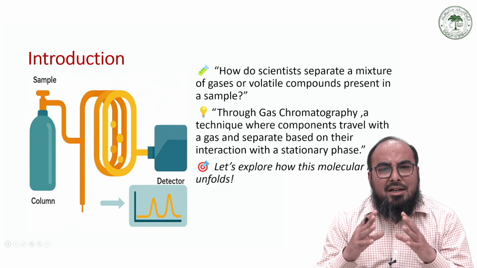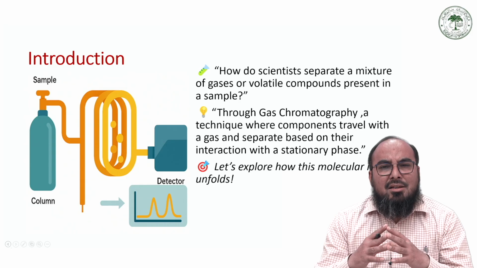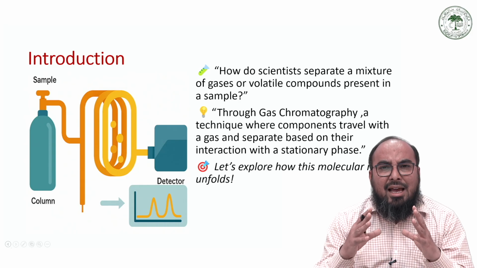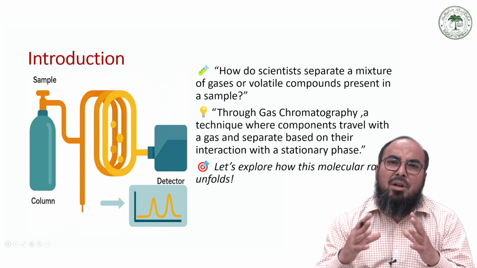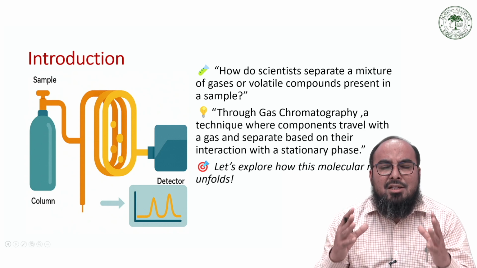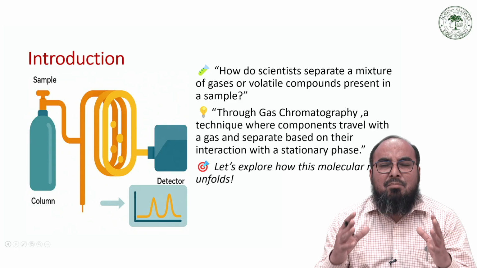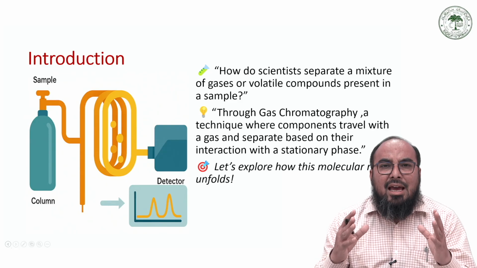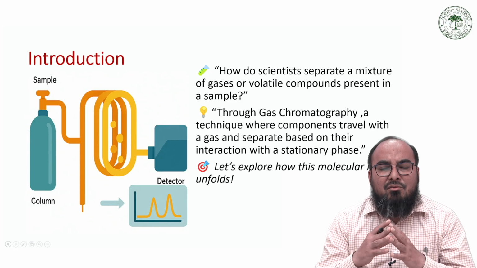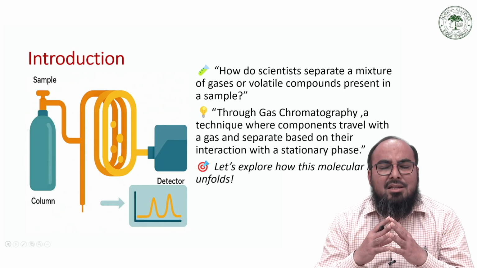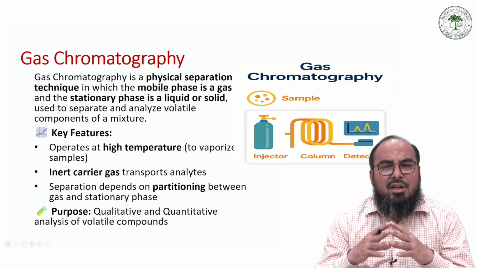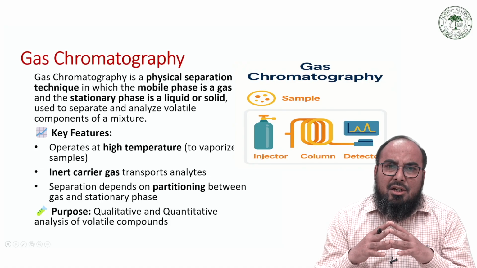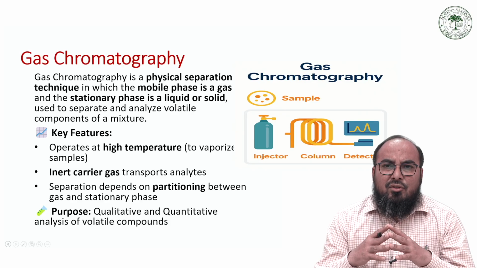Second is the column system, which is called the heart of the gas chromatography, and the last one is the detector, which may simply be regarded as the visualized state, or in simple words, the eyes of gas chromatography, or in simple words we are going to call it GC, that is gas chromatography.